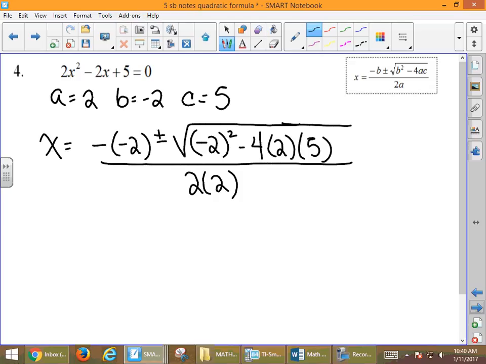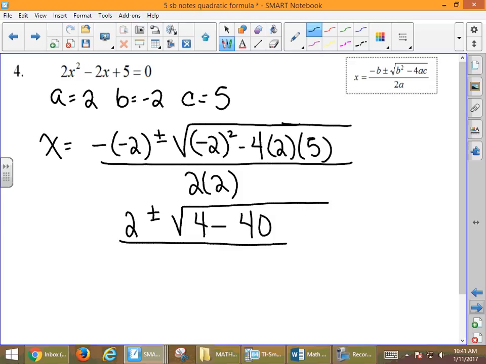Well, we simplify a little bit more here. Negative and a negative, double negative gives us a positive. If you're typing this in, you need parentheses. Negative 2 squared is 4. 4 times 2 is 8, times 5 is 40. Divided by 4.